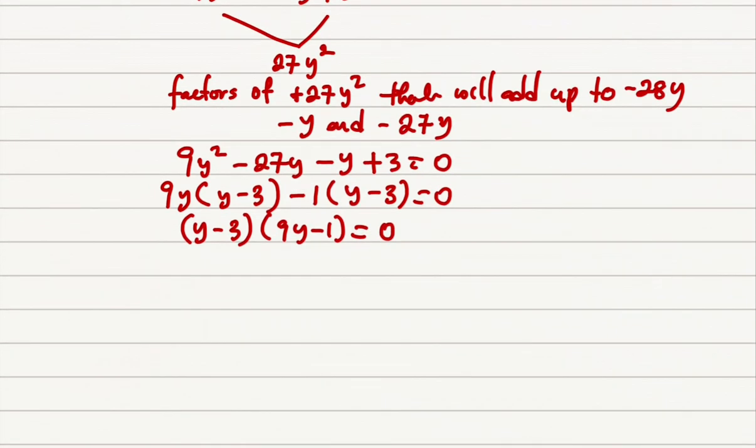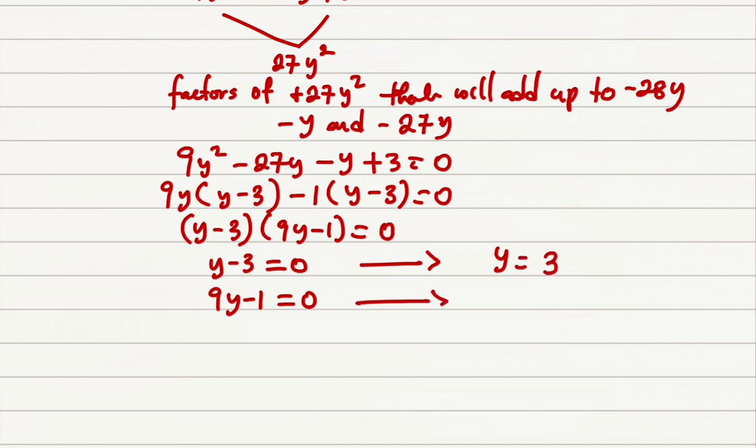Therefore, it's either y minus 3 is equal to 0, or 9y minus 1 is equal to 0. If it is this, it implies that y is equal to 3. And if it is this, it implies that y is equal to 1 over 9.